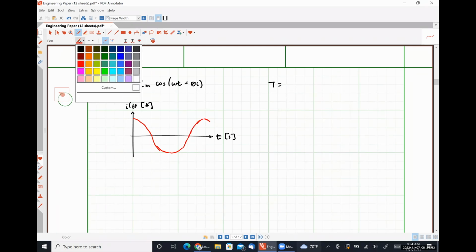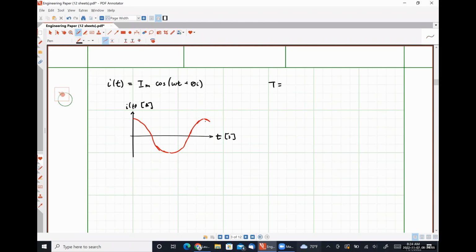Okay. So the period T is the amount of time that it takes for this signal to undergo one full cycle. The angular frequency, omega, tells us how many angles we go per cycle, right?